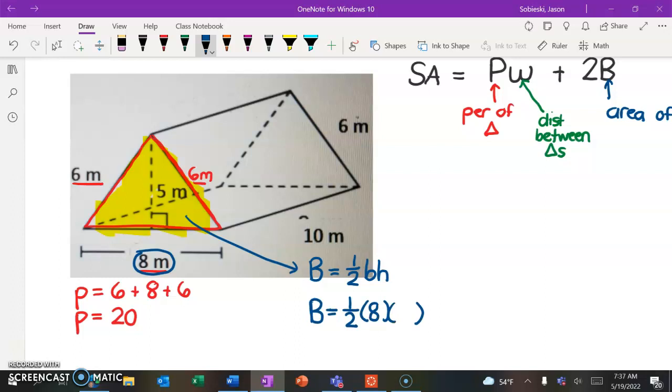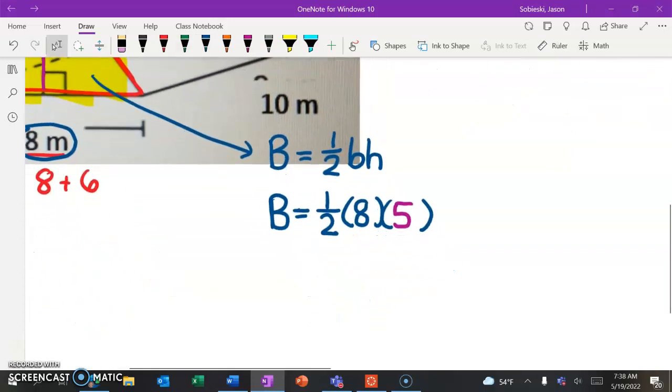So 8 goes in for the first set of parentheses. And then the H stands for the height. And again, they have to give that to you vertically. You can't use 6 for this because, like when you go to the doctor's office, they measure you straight up and down. So you would have to use this length of 5 to be the height of that triangle. All right, so we have everything substituted in. To find the total area of that triangle, we take our product, 1/2 times 8 times 5, which gives us 20.